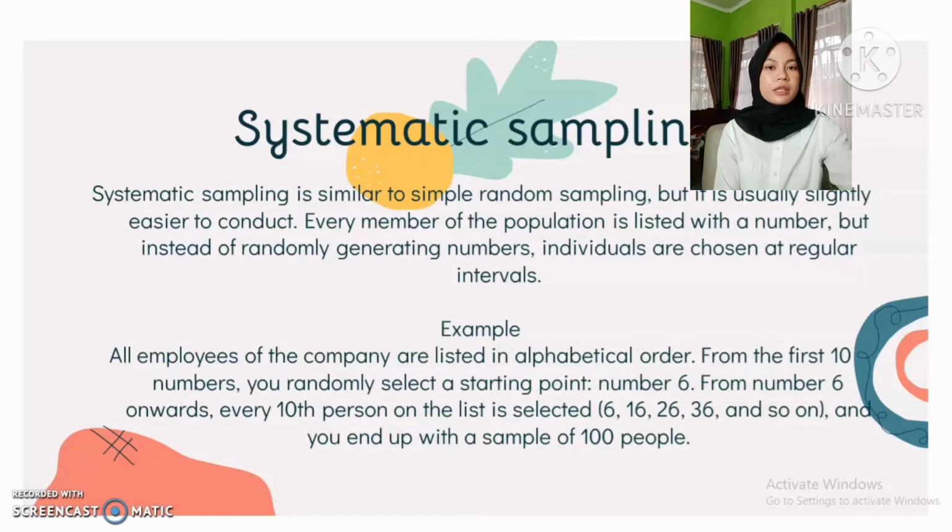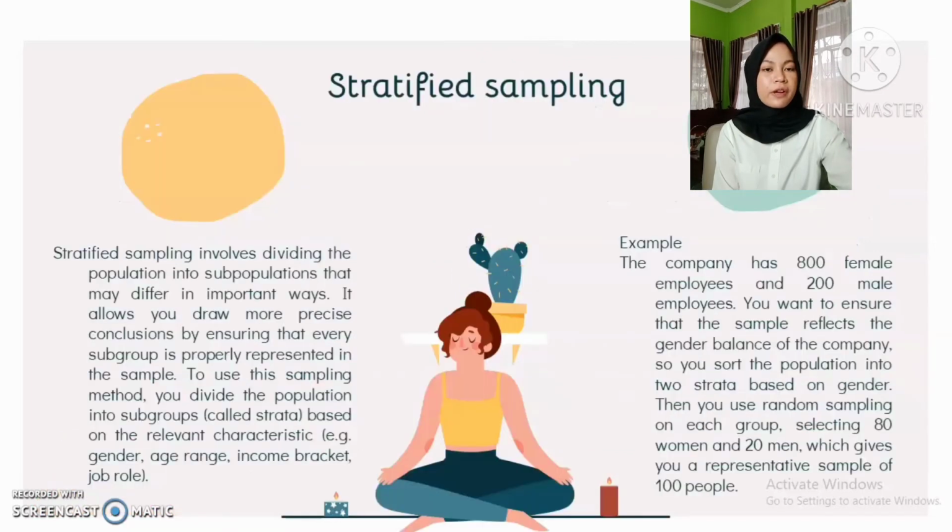And the third is about stratified sampling. Stratified sampling involves dividing the population into subpopulations that may differ in important ways. It allows you to draw more precise conclusions by ensuring that every subgroup is properly represented in the sample.